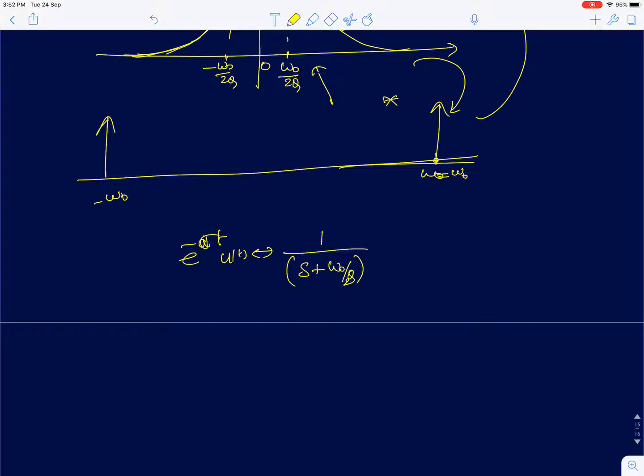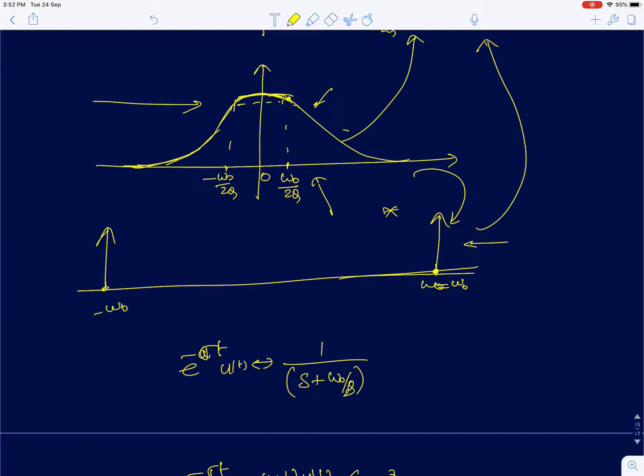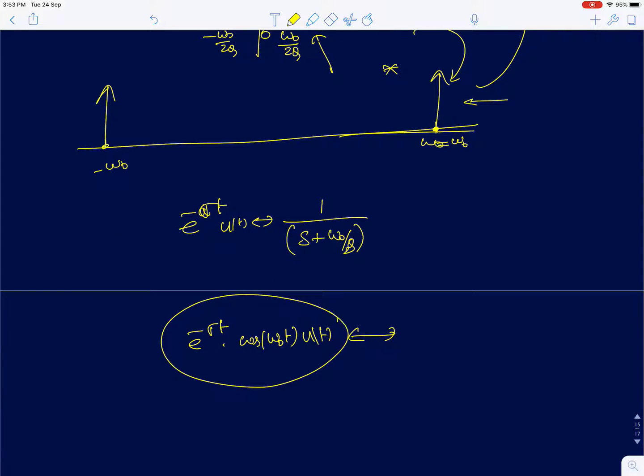Okay. Now if I convolve it in frequency domain, that is equivalent to multiplication in time domain. And if I have impulses in frequency domain, it's nothing but a cosine signal. So if I take this and multiply it with cos omega naught t into u of t, then I get the bandpass response. So the time domain response can also be derived from the frequency response itself directly by looking at it as a frequency translated low pass filter.